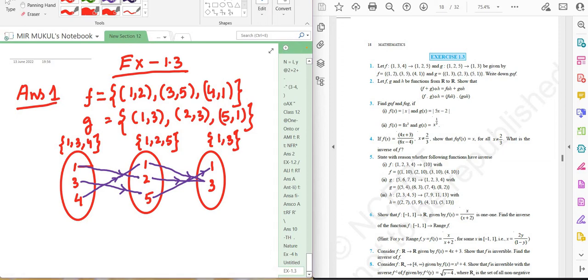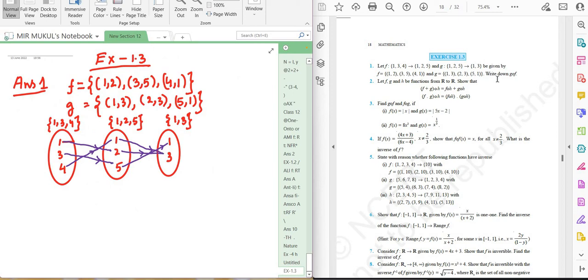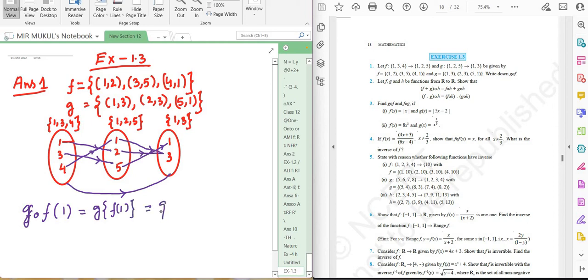Now write the answer. We have to find gof, which is a function from A to C. Now gof of 1 is g of f of 1. f of 1 is 2, and under g, g of 2 equals 3. So gof of 1 we are getting 3.